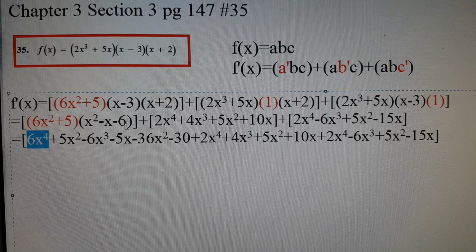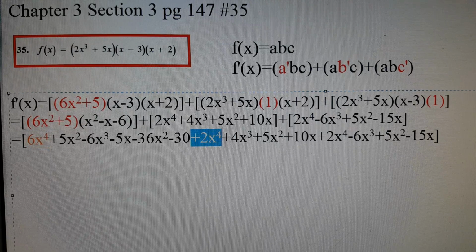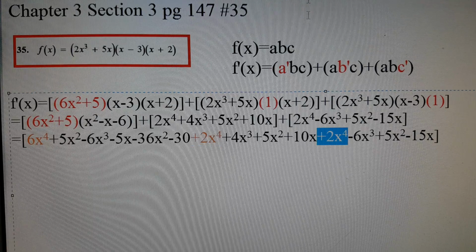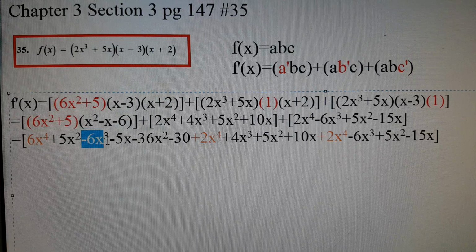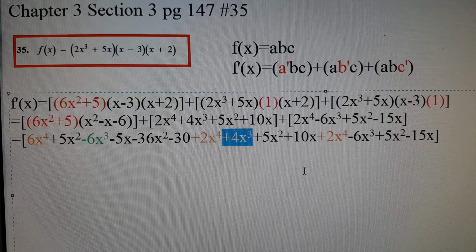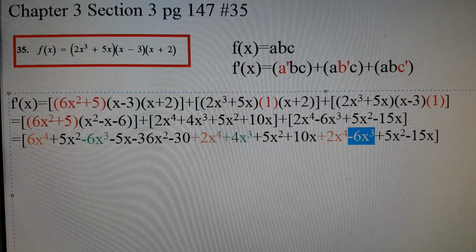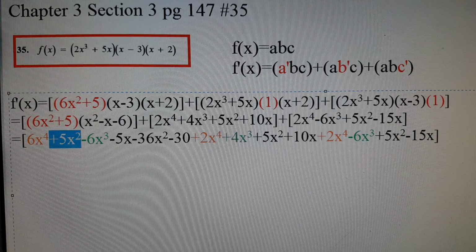I like doing that. We're going to make our x to the fourths orange. Let me know if I missed one. I think that's it. We're going to make our x to the thirds green. Let's make our x squareds blue, since I've run out of colors.